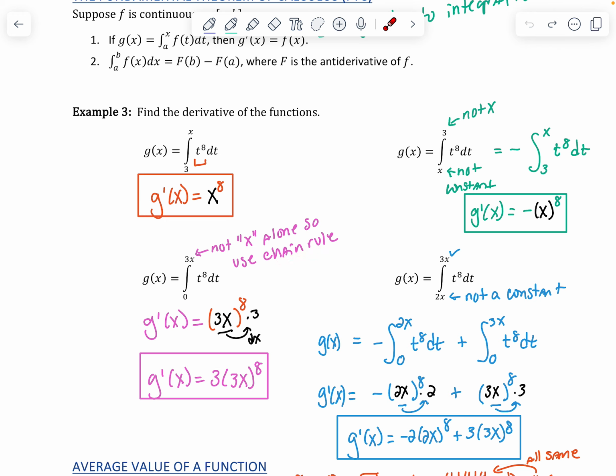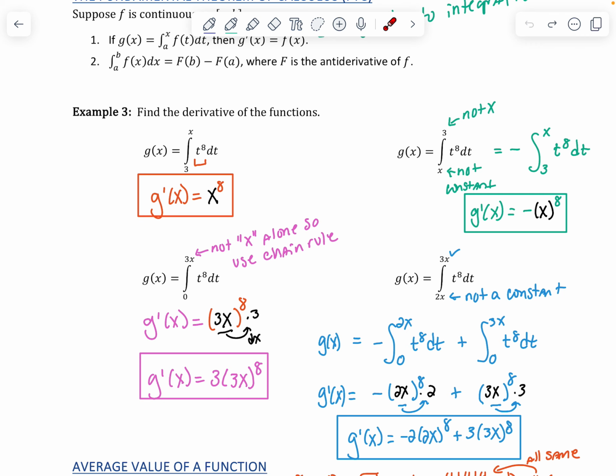The derivative of 3x is 3. Remember, it's just the interior function, so 3. We'll leave our answer this way. You could write this as 3 to the 9th, x to the 8th. You could even calculate 3 to the 8th, but we won't get that elaborate.